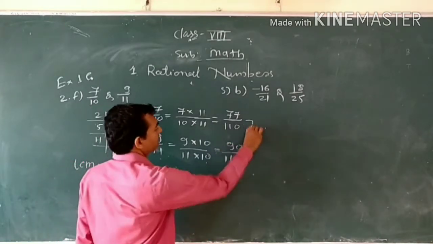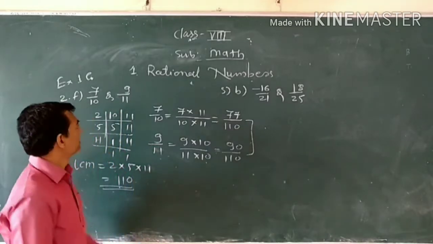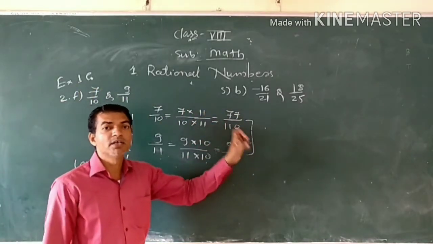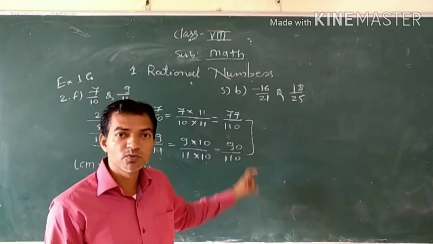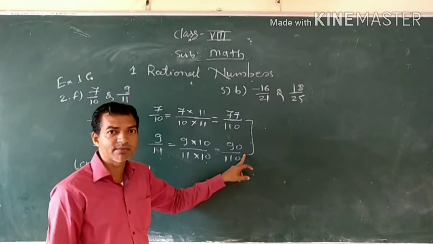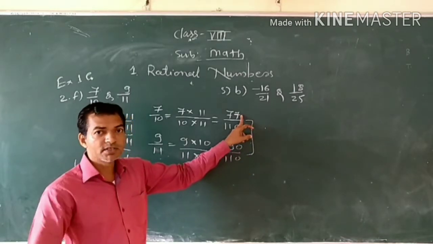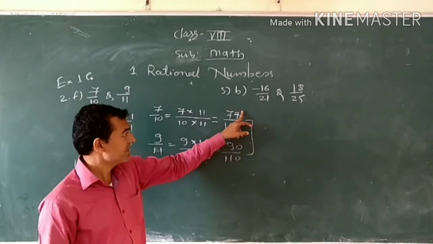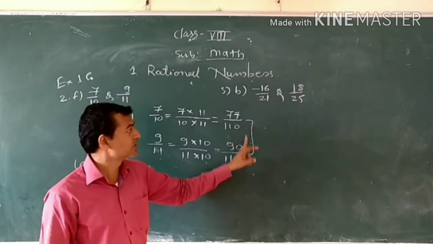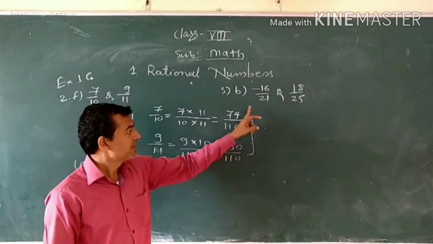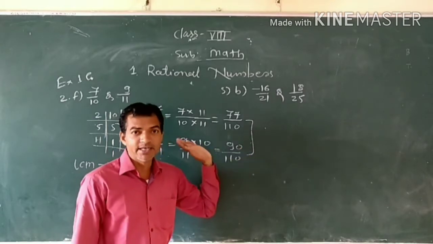Now instead of the original two numbers we have these two numbers. Can you find the three rational numbers between them? You can easily find it. This is the smallest number, this is the greatest number, so you have to count the next numbers. After 77 by 110, the next number is 78 by 110, 79 by 110, then 80 by 110. Like this you can get numbers up to 89.